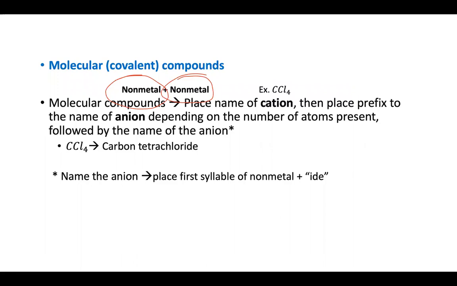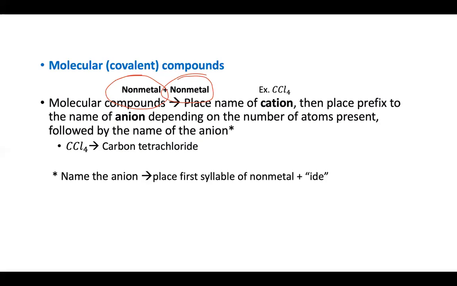We have to name the first non-metal, including the number of atoms with a prefix, and then the name of the second non-metal, including a prefix indicating the number of atoms, changing the ending of the second non-metal to IDE, okay?